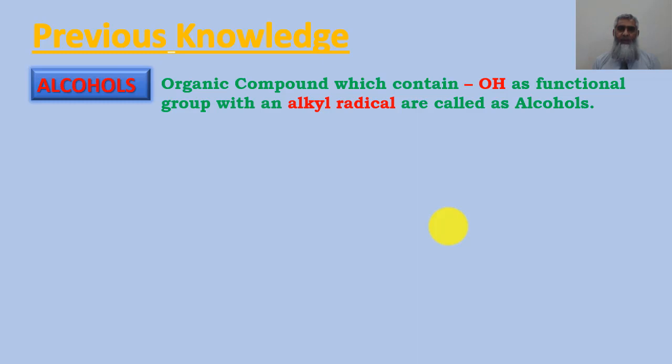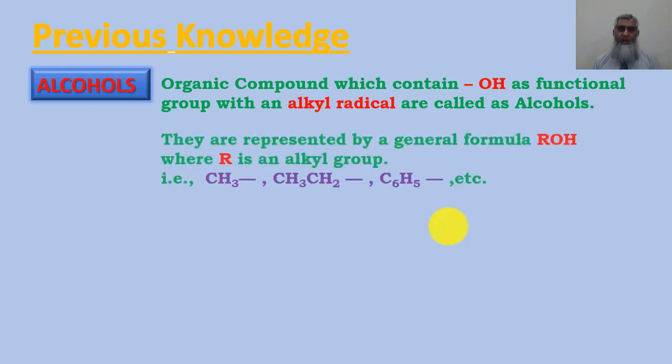They are called as alcohols. Different examples of alcohols contain some alkyl radical with OH group as a functional group. They are represented by a general formula ROH, where R is an alkyl group and OH will be the functional group accompanied with some alkyl group.